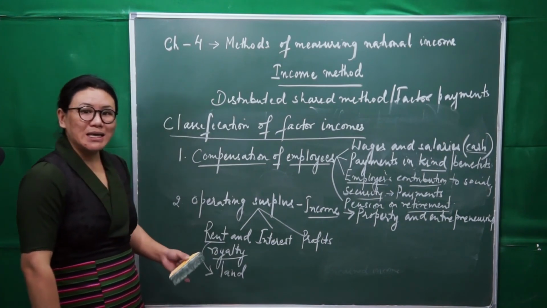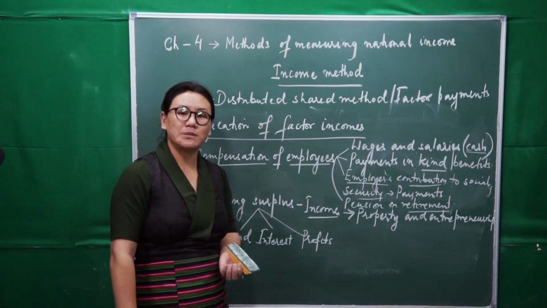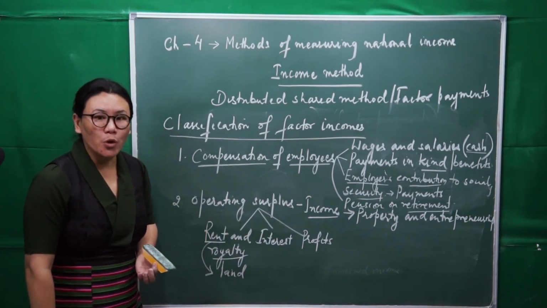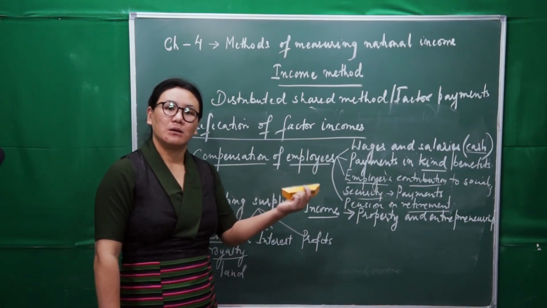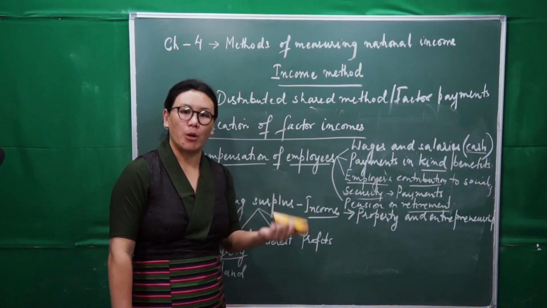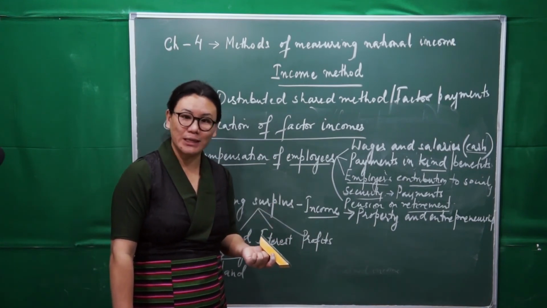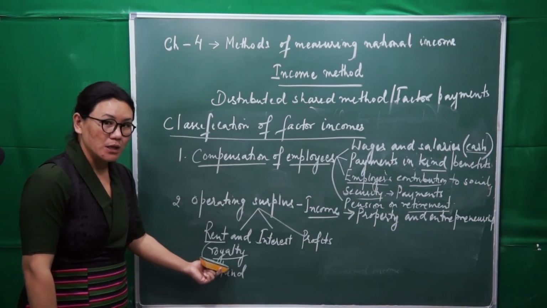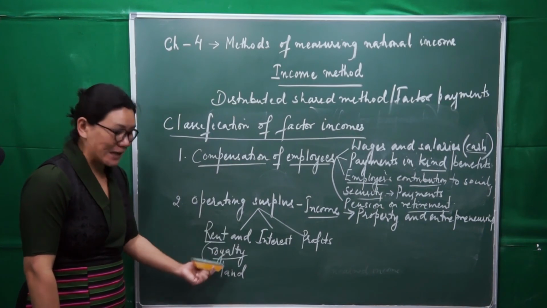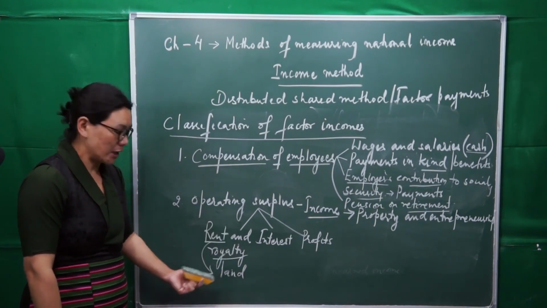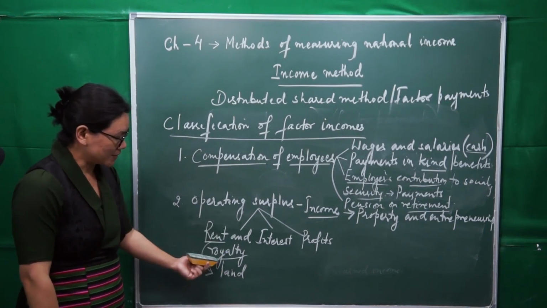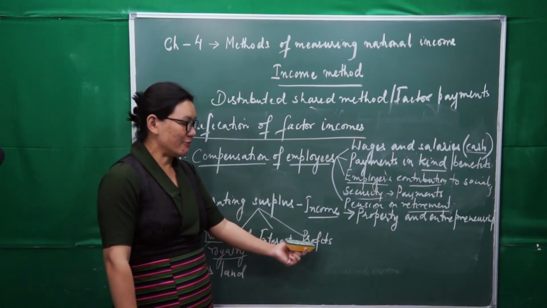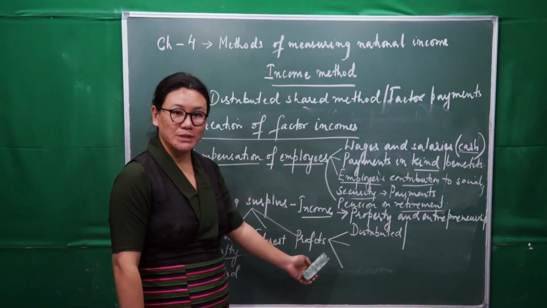Royalty is a payment which is made to the owners for the ongoing use of their assets or property. Is that clear? Okay, so that is called royalty. So we will put these two together. Okay, rent and royalty. Then comes interest. Then we have profits.